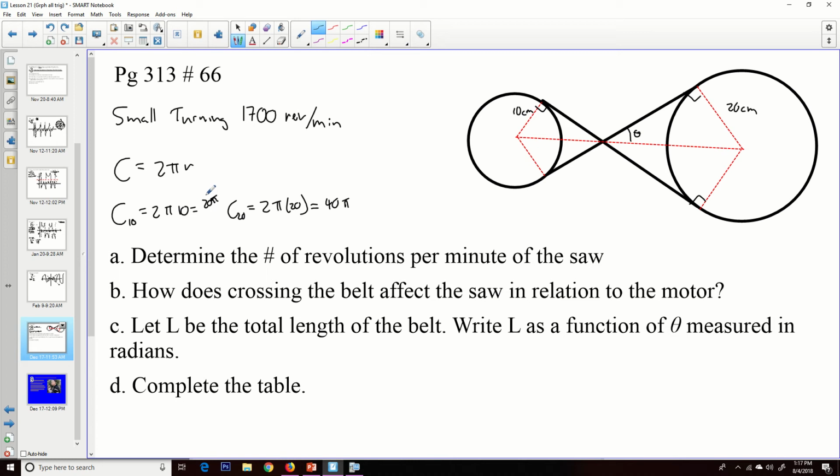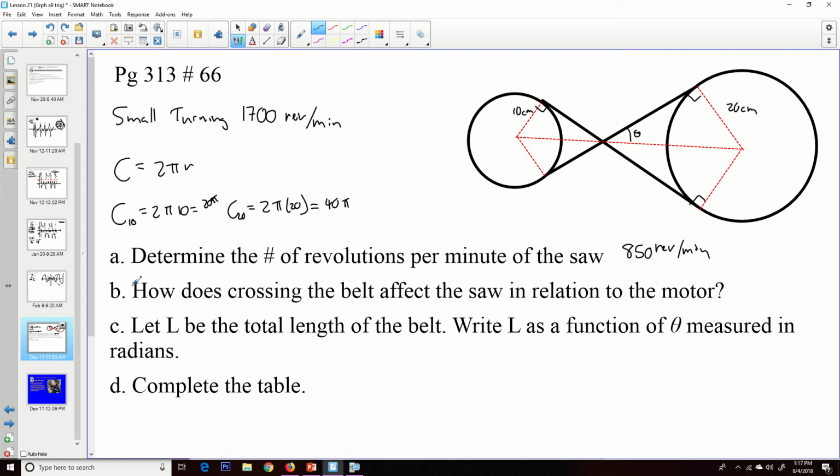So for every time that this one goes around, this one is only going to go around half of that. Essentially, if the small wheel is turning at 1700 revolutions per minute, the bigger saw is only going to move at half of that rate, which is 850 revolutions per minute.